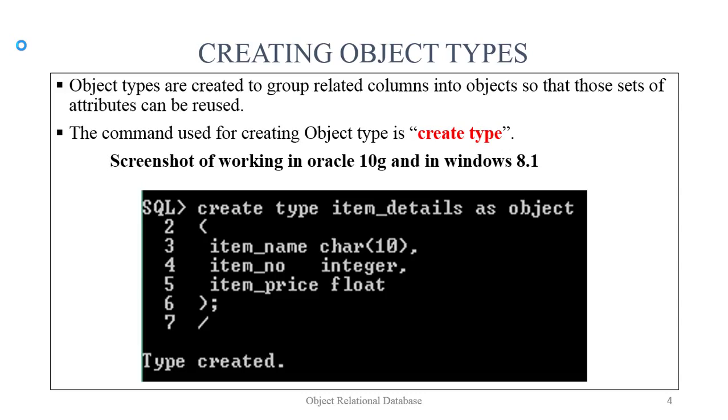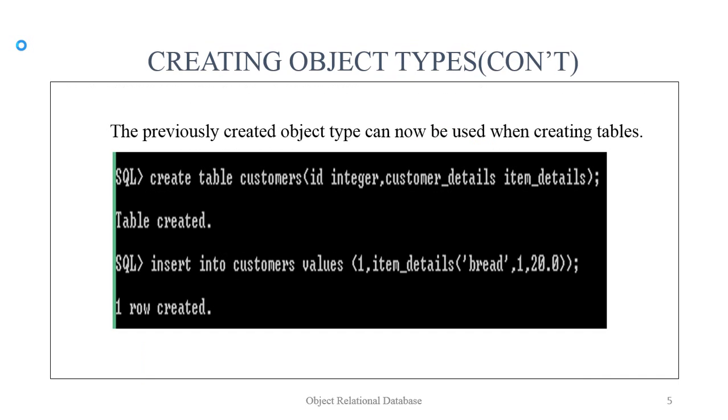In this example, the attributes such as item name, item number and item price all belong to the one object type that is called item details. Now, a table uses the object type for creating its attributes as shown in this example.